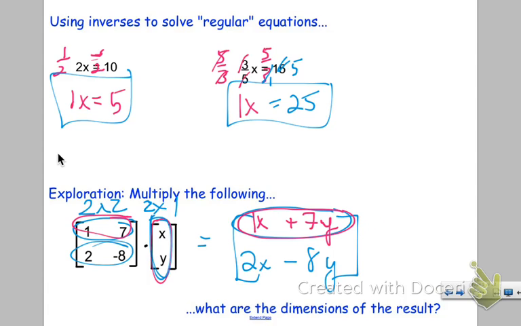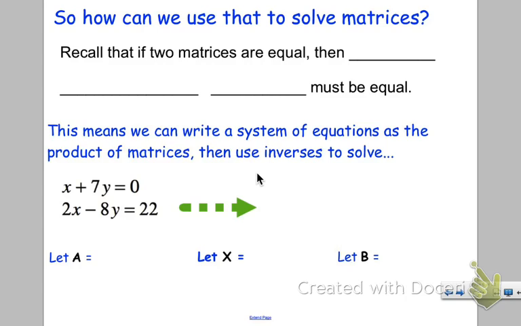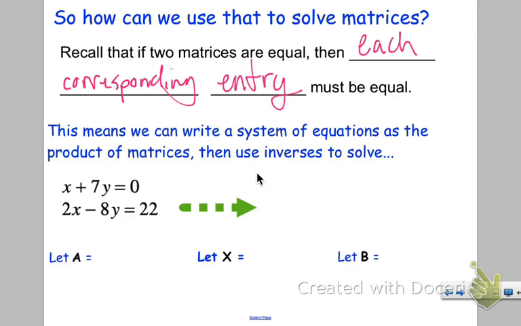So we're going to use that fact, that this thing here, let me clean this up a little bit, 1x plus 7y, that 2 by 1 matrix could be written as 2 matrices multiplied. So you can go from that to that or backwards. So we use the property that if 2 matrices are equal, then each corresponding entry must be equal.